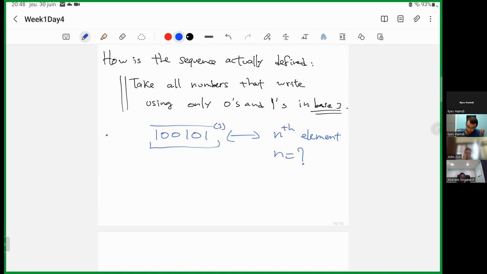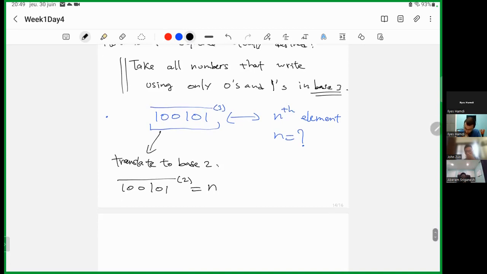So the thing is, since I'm considering only zeros and ones, I could translate them in base 2. If I translate them in base 2, then imagine I just rewrite the same number, but this time considering base 2 instead of base 3. Then I can assure you that this is equal to n.